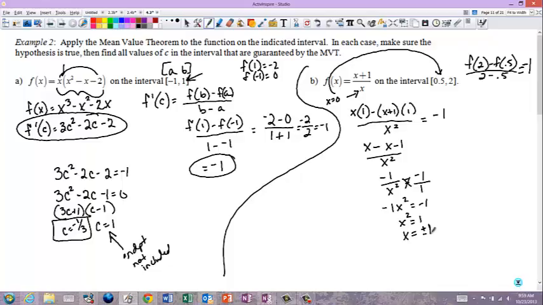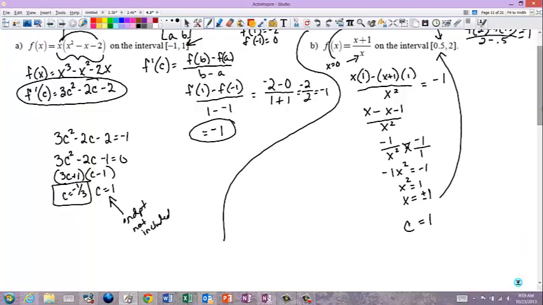But negative 1 is not on the interval, so I throw it away, so c equals 1. And if it asked us to justify why that is, we would say because the mean value theorem guarantees a c in the open interval 0.5 to 2 where the derivative equals the average rate of change.